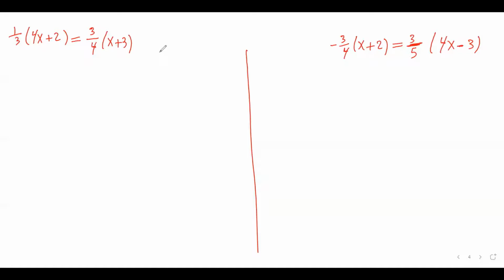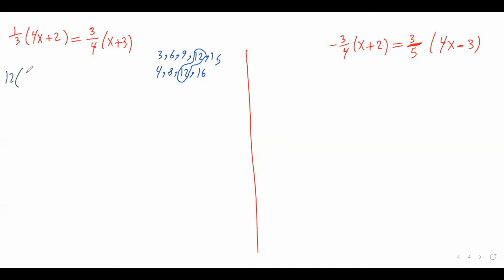The multiples of 3 are 3, 6, 9, 12, 15. And the multiples of 4 are 4, 8, 12, 16. So the lowest common denominator here is 12. So we choose that, and we have to multiply both sides of the equation by that value, which is 12.